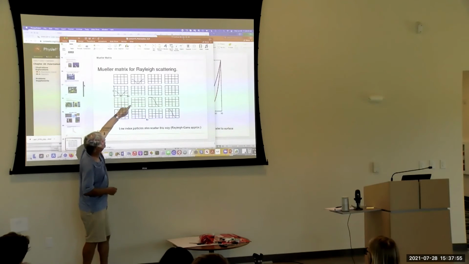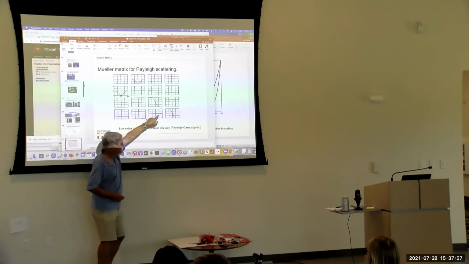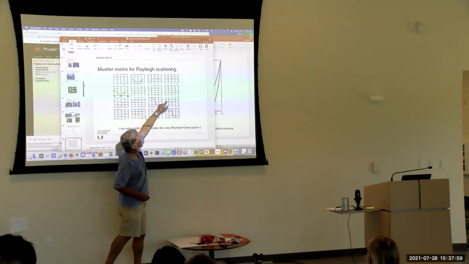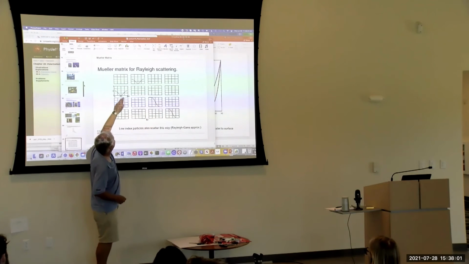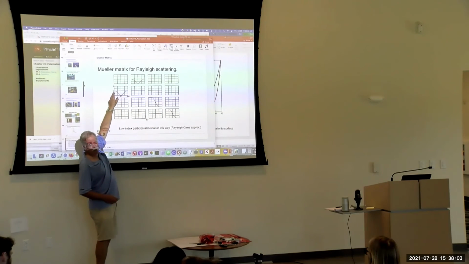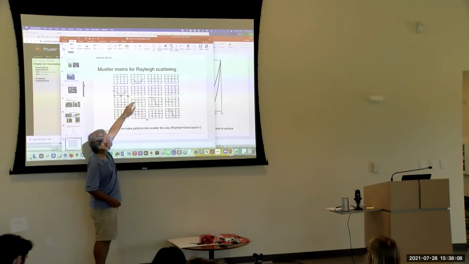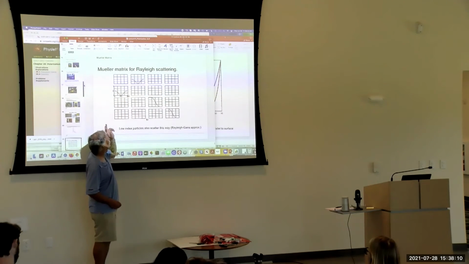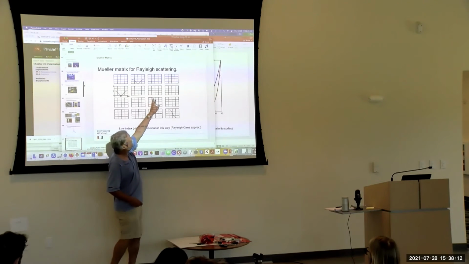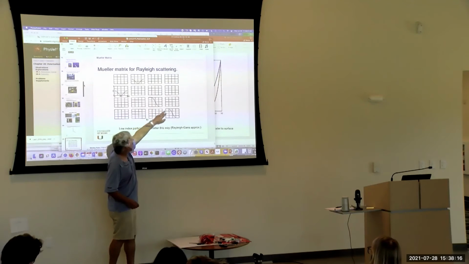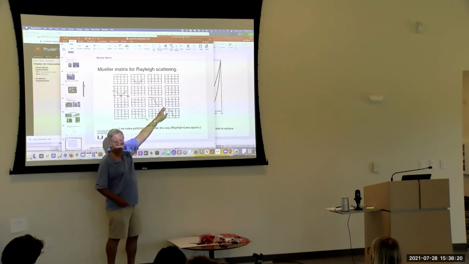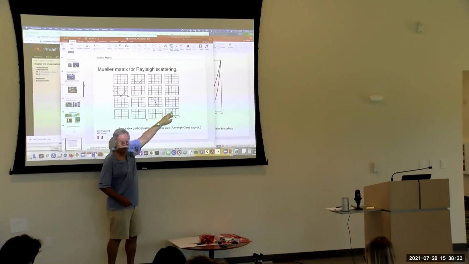All of these off diagonal elements are 0 for Rayleigh scattering. The 1,2 and the 2,1 look like each other. They're -1 at 90 degrees, and they go to 0 at 180 degrees. And then the 3,3 and the 4,4 elements start out at 1, and then go down and become -1 in the back direction. Okay?